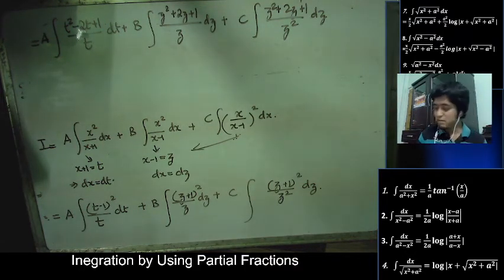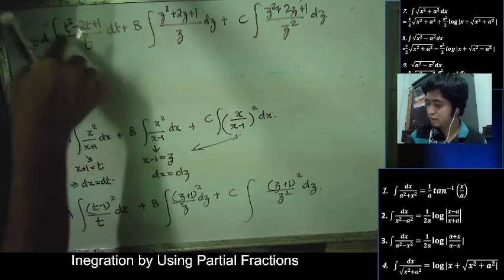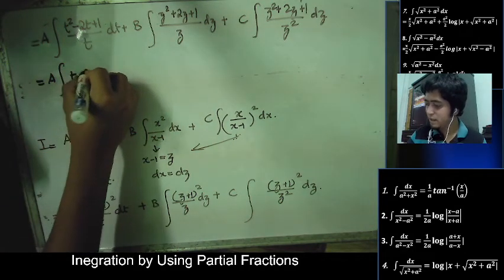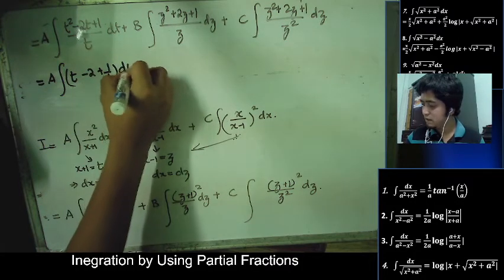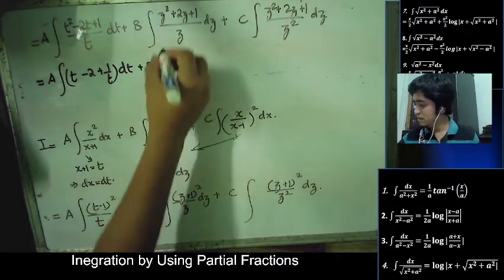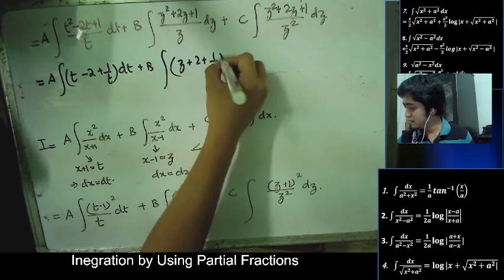Now the integration becomes simpler. Just split it. So over here will be integration of t minus 2 plus 1 by t dt plus b z plus 2 plus 1 by z dz.